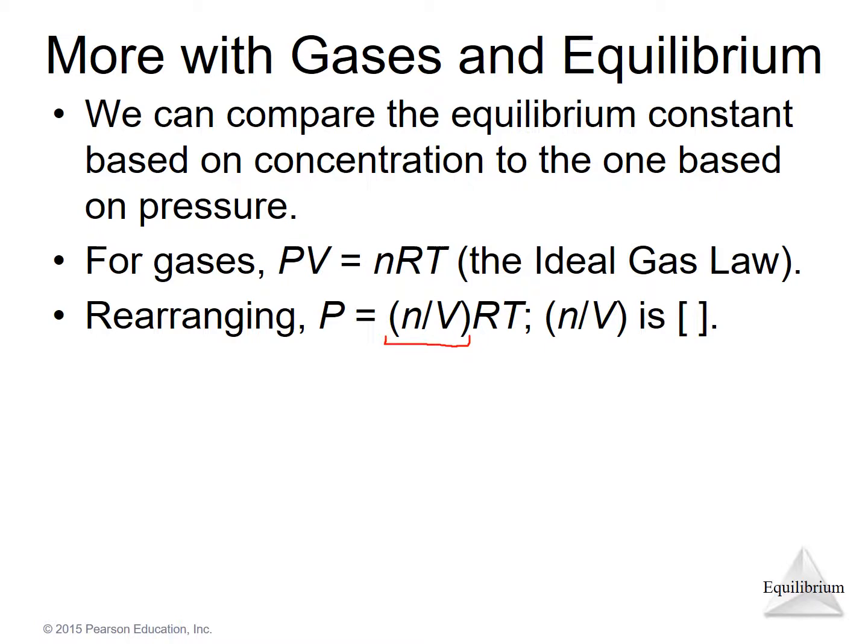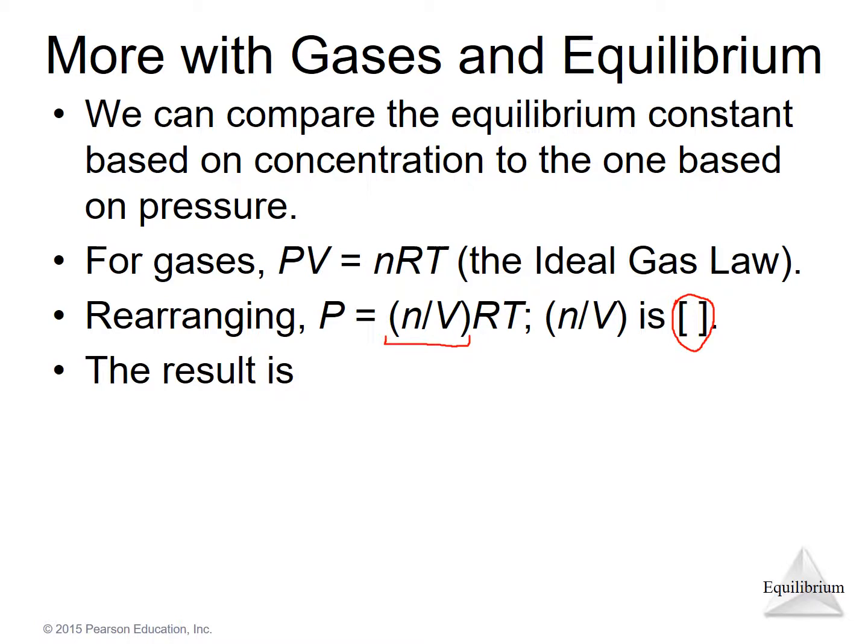So this is moles per liter. That's what we commonly represent by the brackets. So you put brackets around CH4, that represents moles per liter of CH4. Okay, so here's how pressure is related to molar concentration.